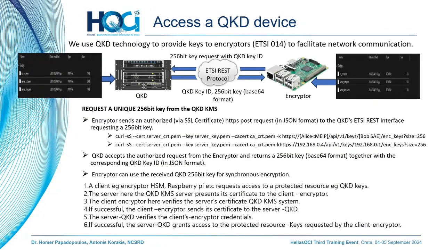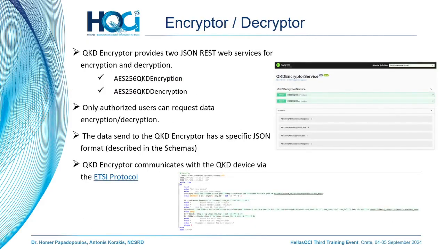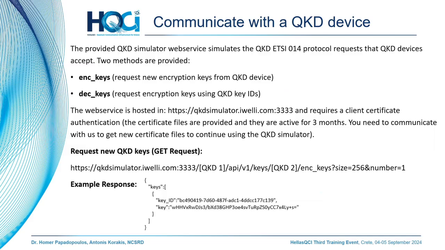We just added a client, e.g. encryptor, Raspberry Pi, etc. It requests access to the protected resource, which here is the QKD KMS server. The server presents its certificate to the client, they exchange certificates, trust each other, open the channel, and they exchange the keys.